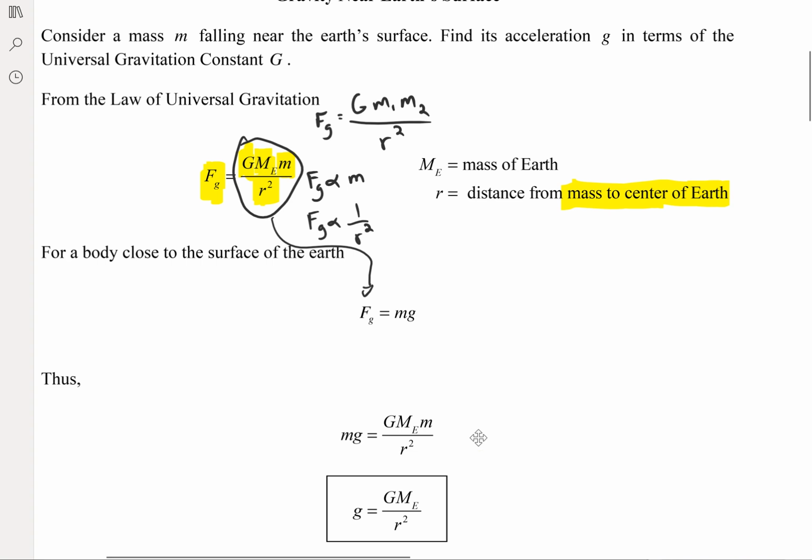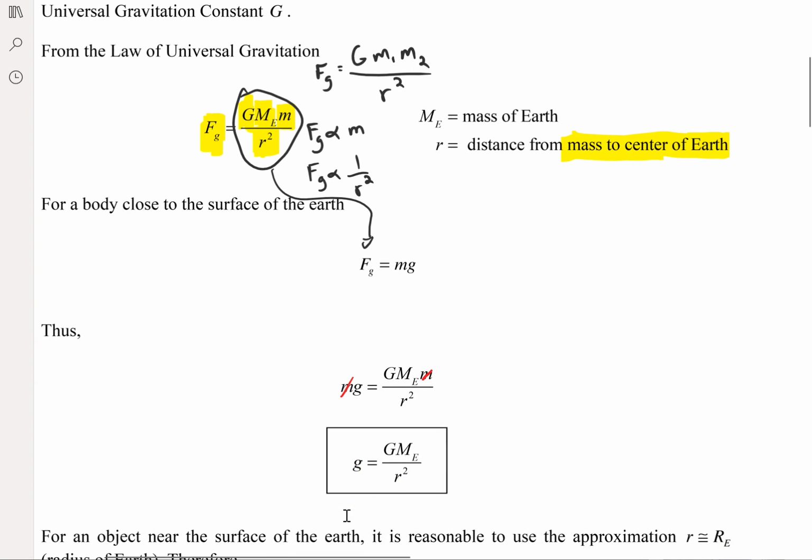When I do that, I have a small mass on both sides, so those cancel. And the g, or the acceleration due to gravity, for any planet can be found using this equation. We know our gravitational constant G from that data sheet, and then the mass of the planet, or m e, the mass of the Earth, divided by the radius squared.